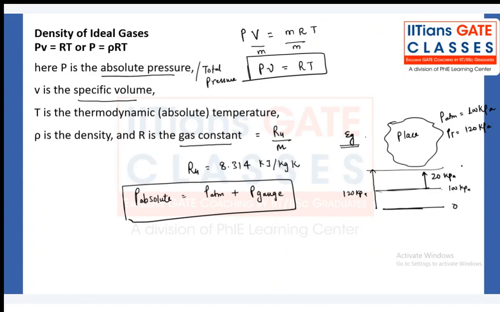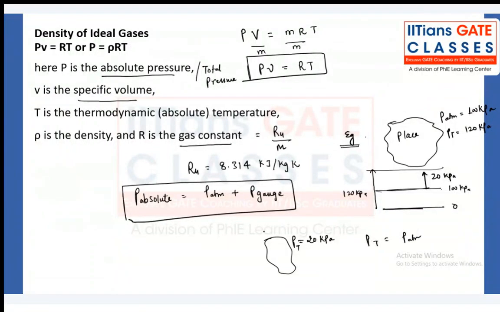Suppose at a certain location I say my pressure is 20 kilopascal, then what will you understand? At that location, is there a vacuum or a fully occupied space? Think about that. I mentioned that at that location the pressure is 20 kilopascal. That means that is the total pressure.